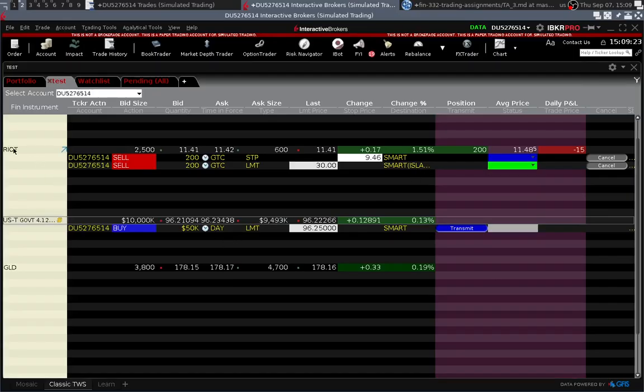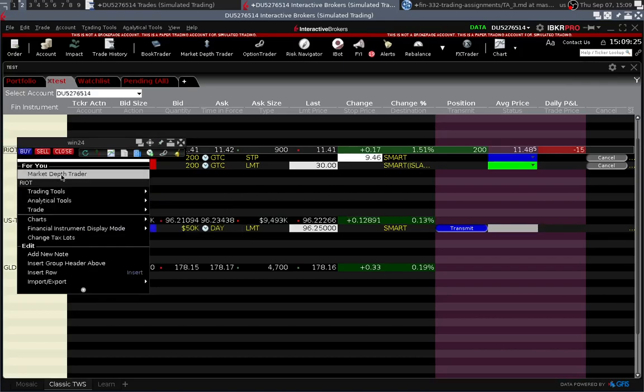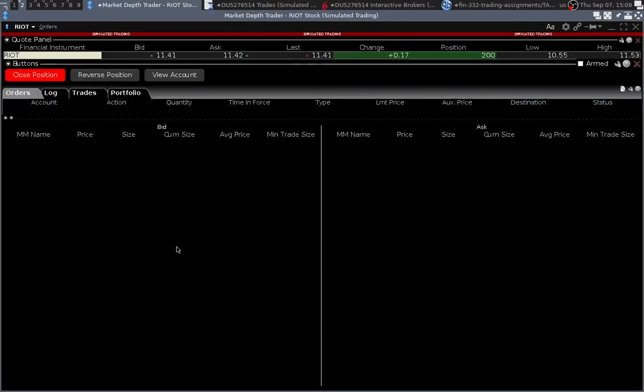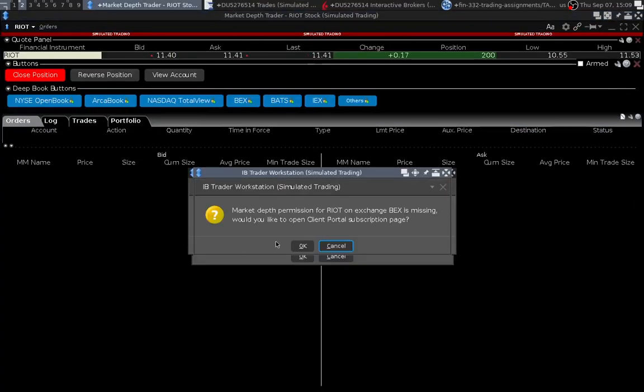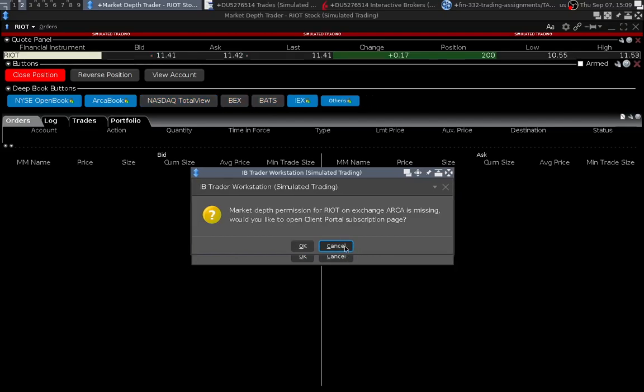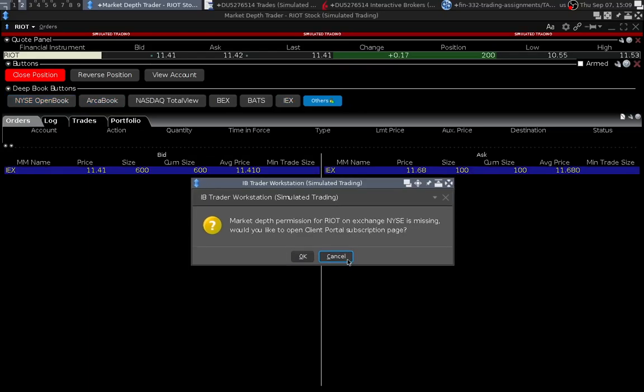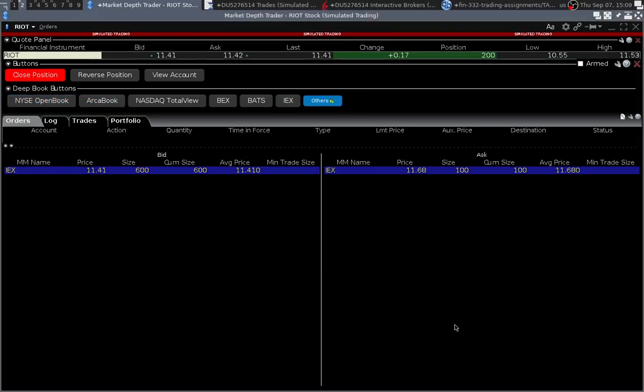Note that you can do the same thing for something like Riot Blockchain, and cancel. Yeah. So it's just saying we're not going to be able to see the book. It's saying I don't have access to a lot of different exchanges. So if I had the data, you would see a lot of other exchanges here, and so you would see a pretty deep book.